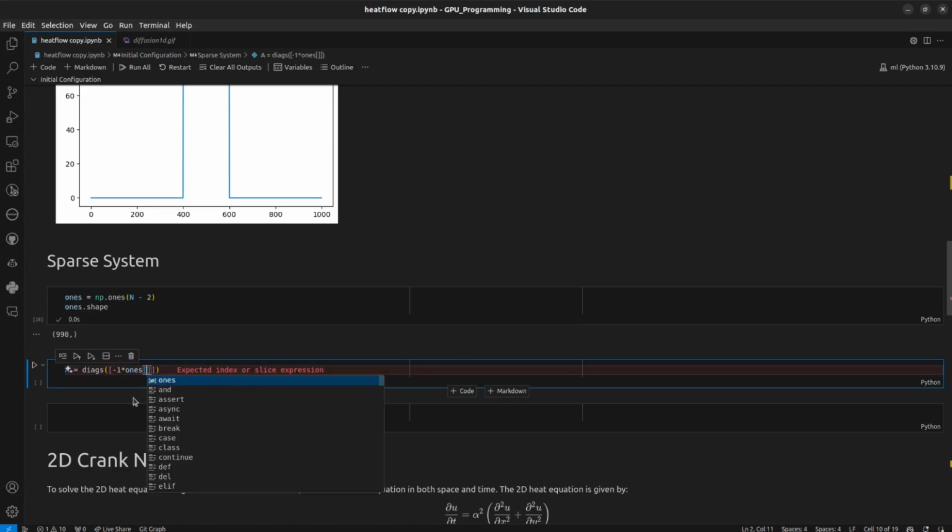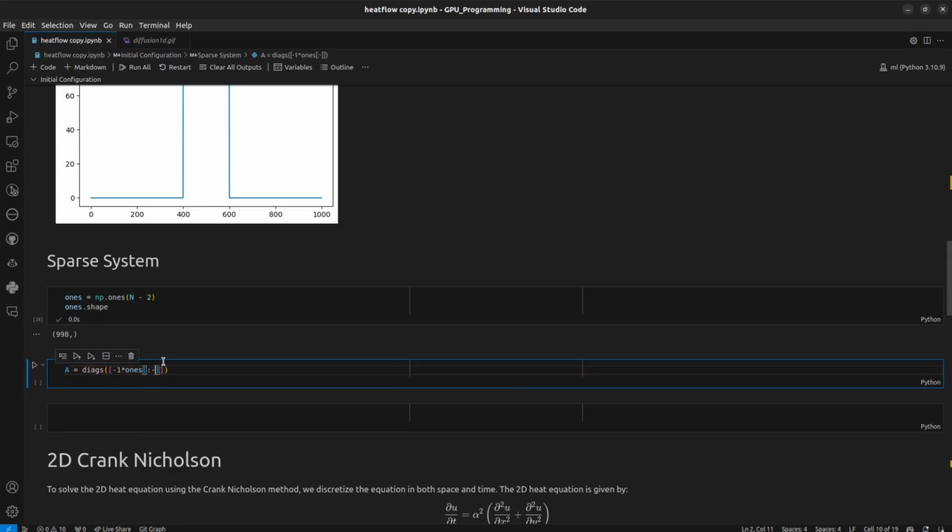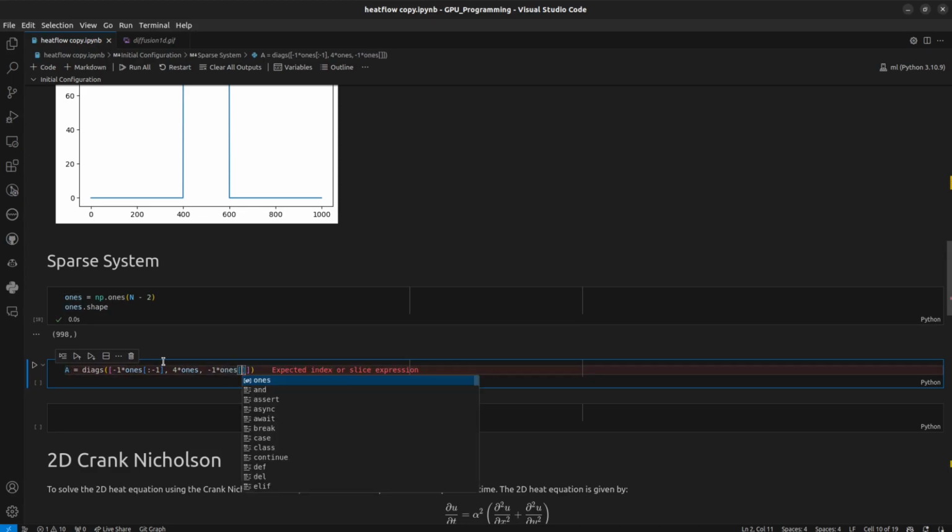But if you think about the matrix, it's going to have one less entry than the diagonals, so we're going to take all values except the last one. Then for the main diagonal, we're just going to use the 1s. And for the first off diagonal above the diagonal, it's again going to be negative 1 times the 1s with the last one missing.